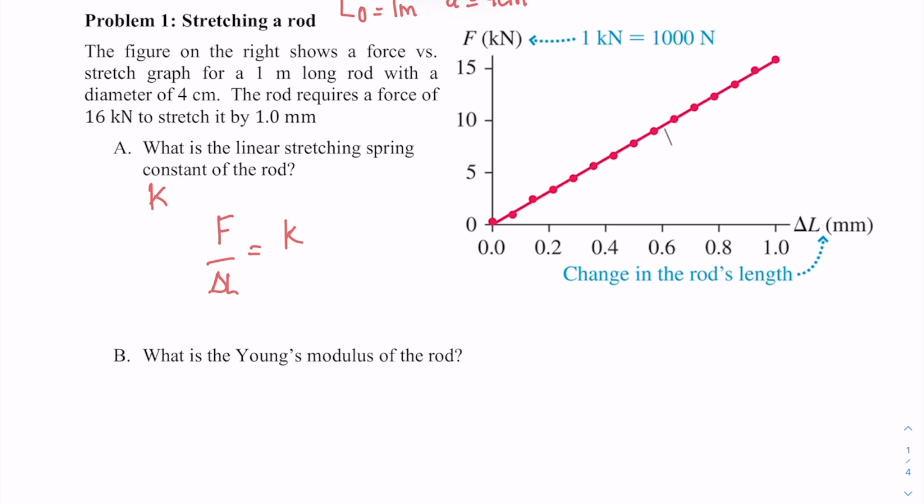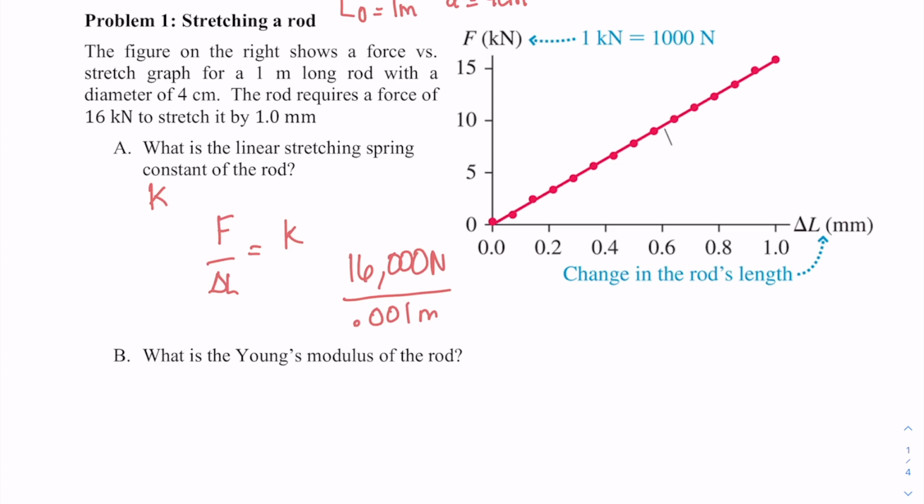But yeah, we can take the 16,000 newtons, my bad, 16 kilonewtons, which is 16,000 newtons, and divide that by your millimeters, right? So that's 0.001 meters. 1 millimeter to 0.001 meters, and let me calculate that out real quick just to check.